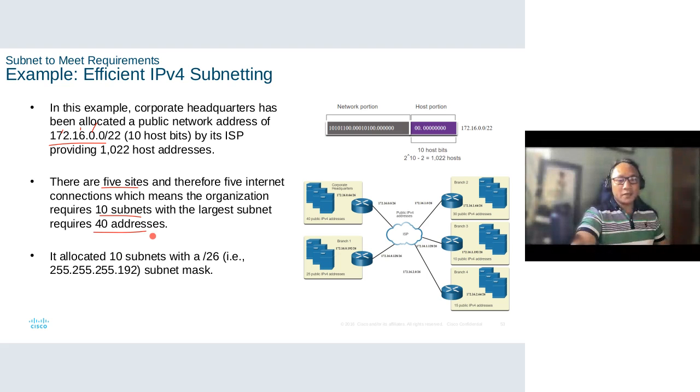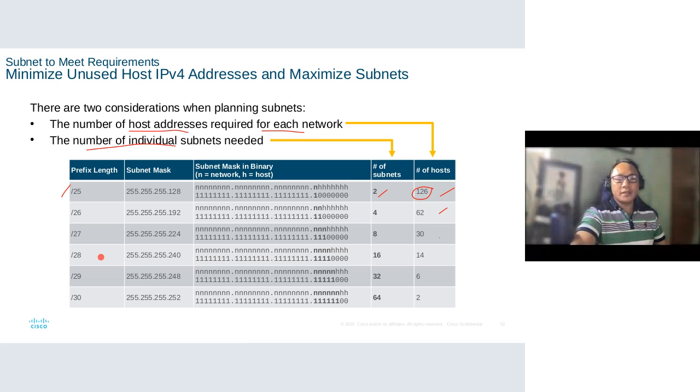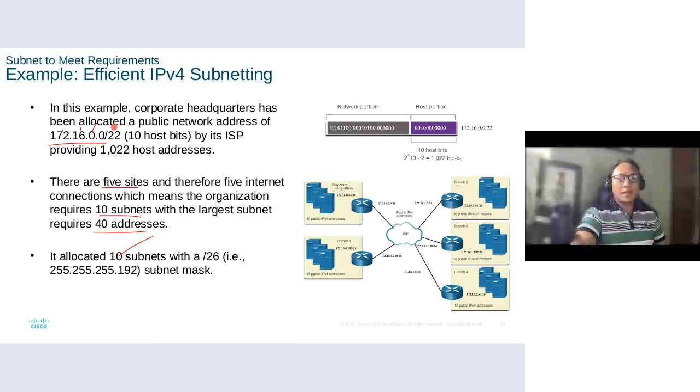So kailangan niya ng 10 subnets. Kung 10 subnets, kailangan niya ng /26. So kasi dito, mapapansin nyo na kung 10 subnets, kung babalikan natin to sa /26, ay nagsimula nga pala siya sa /22. Kung /22, ito kasi yung network portion niya, 'di ba?